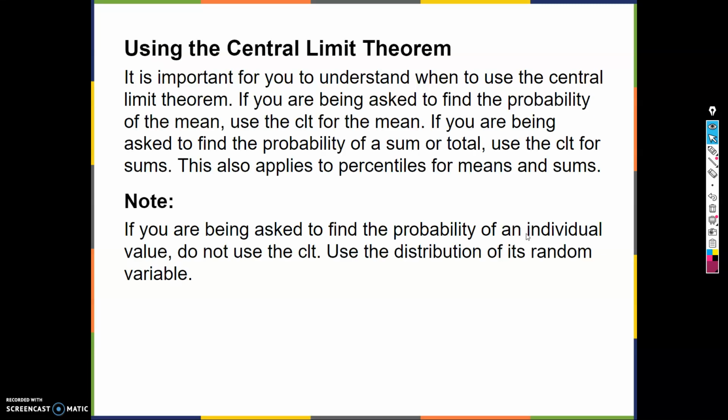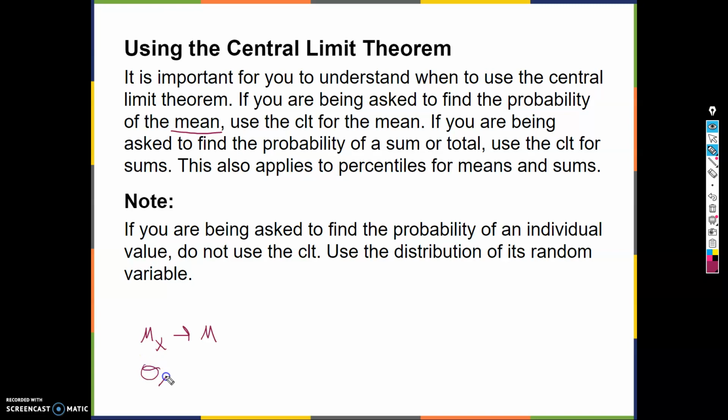So in general, it is important for you to understand when you use the central limit theorem. If you are being asked to find the probability of means, use central limit theorem for means. So for means, remember, mu of x goes to, your original mean stays the same, okay?